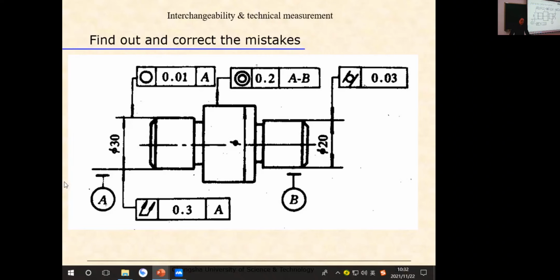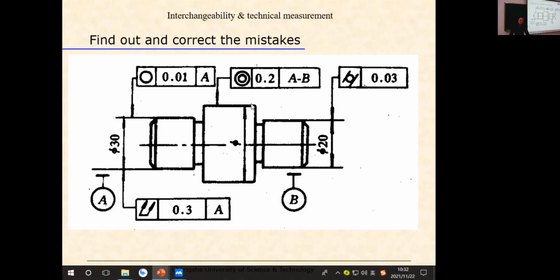It means this axis, so A is put in the wrong position. It should be in the line of the dimension line, right? Because this is the axis from this one. This is datum A. Datum A is needed to describe this axis, so it should be put here. So B is also put here.